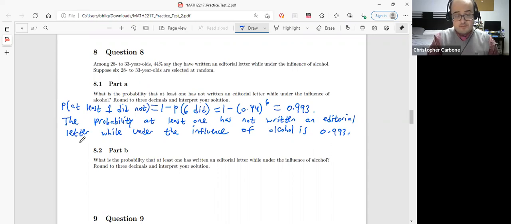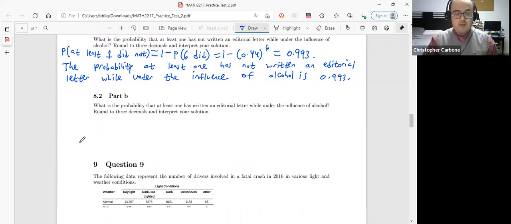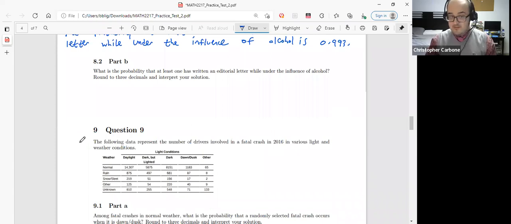Part B of this, is what is the probability that at least one has written an editorial letter while under the influence of alcohol? So same idea, probability that at least one has written that editorial letter.